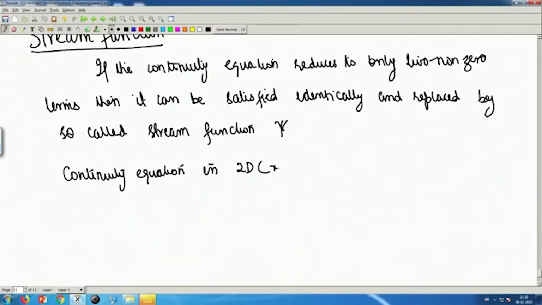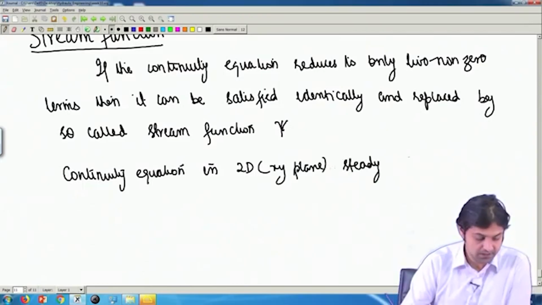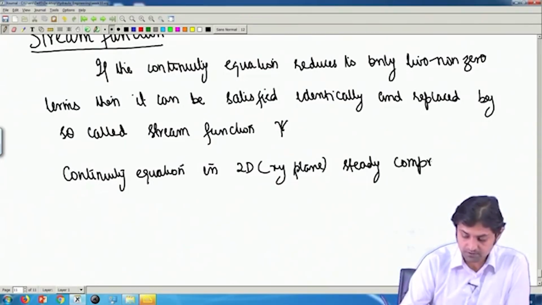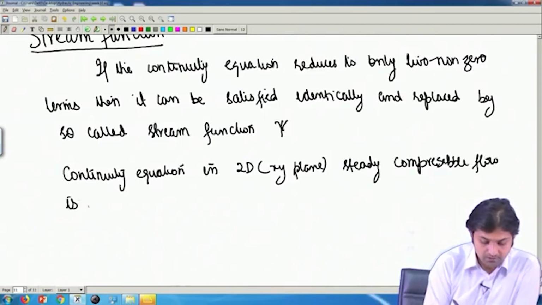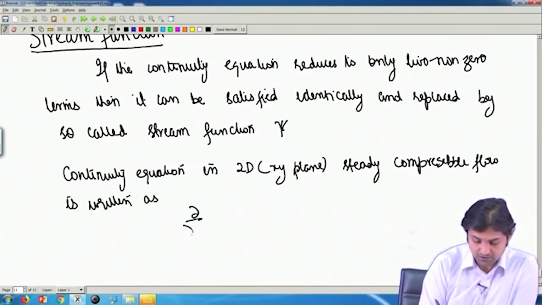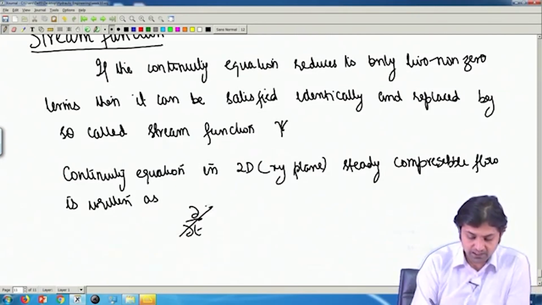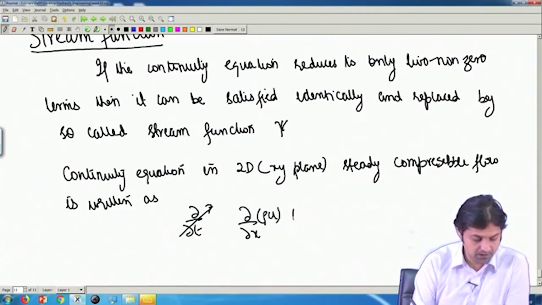Okay. So, the continuity equation in 2D, let us call it the xy plane, for steady compressible flow is written as, so if it is steady, that means there is not going to be any del t term, right? So we will have only del x of rho u, because it is compressible, plus del y of rho v is equal to 0, right?